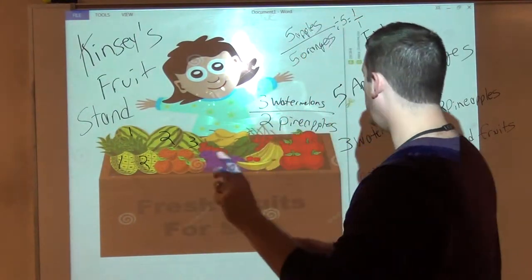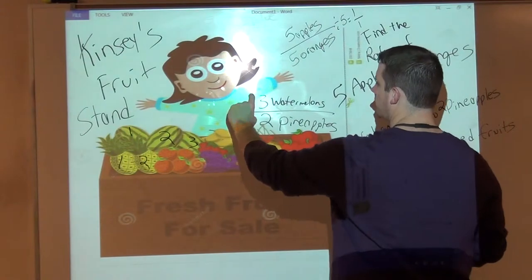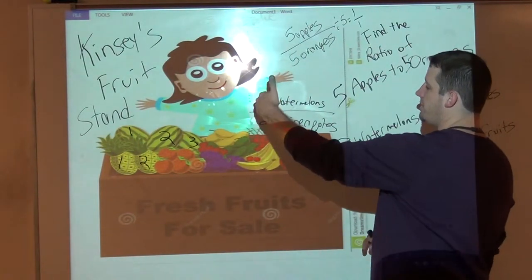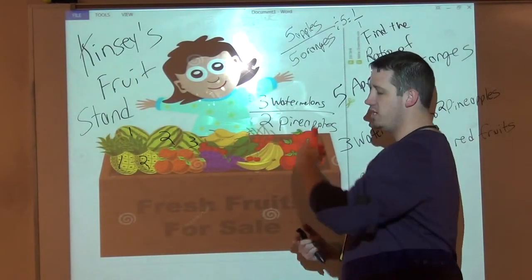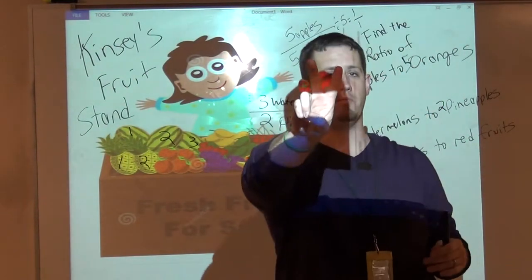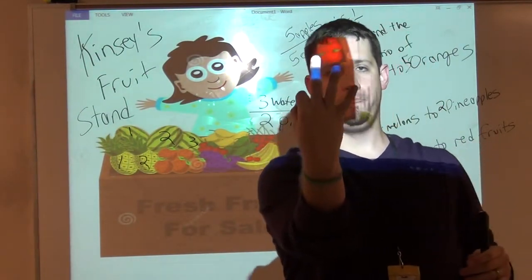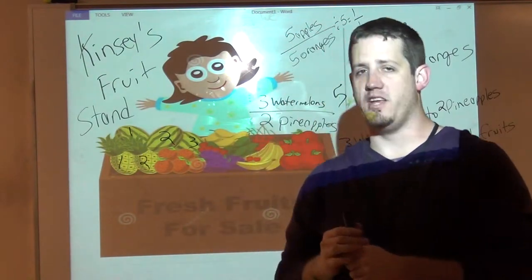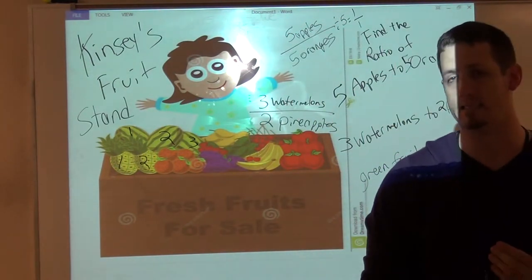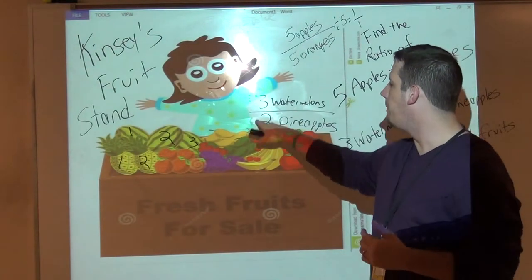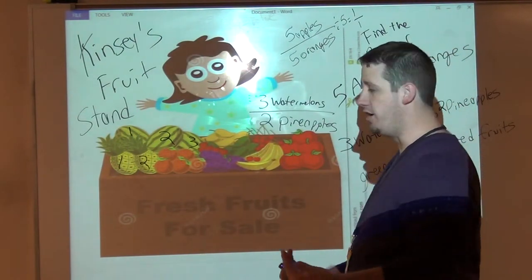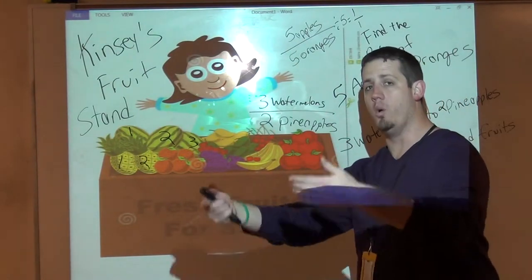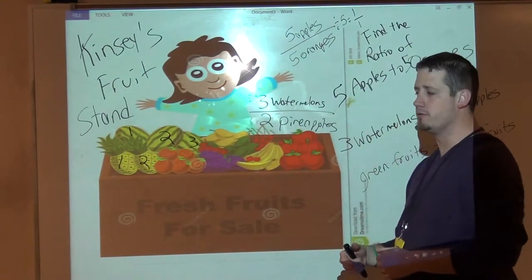It's very important that we maintain that there are only two numbers there. If we were to treat this like a fraction and make it into a mixed number, there would no longer be two numbers there. There would be three. And that doesn't fit the definition of a ratio. So we've got to leave it improper. In fact, we don't even consider that an improper fraction. We look at that as the ratio of watermelons to pineapples.